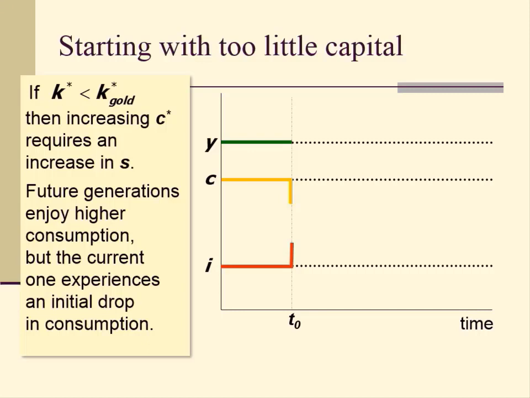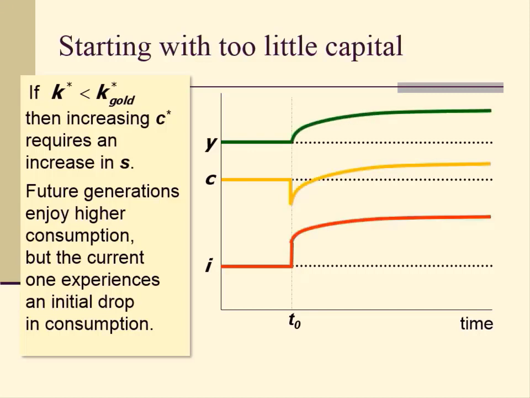That is, investment per worker is greater than depreciation per worker, delta K, and increasing K toward a new steady-state value will lead to output per worker, consumption per worker, and investment per worker increasing, and ultimately consumption ends up at a higher steady-state level, as you see here. So definitely future generations enjoy higher consumption, but the current one experiences an initial drop in consumption.